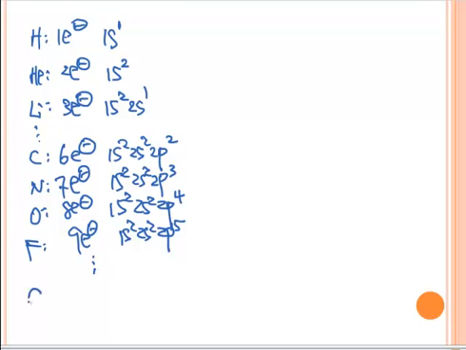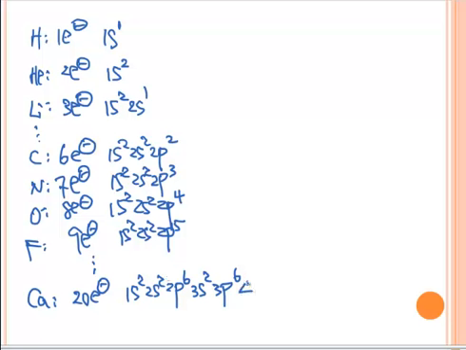Now we can put it in calcium. Calcium, according to the periodic table, has 20 protons. A calcium atom should have 20 electrons. Then you have 1s2, 2s2, 2p6. Now move on to 3s2, 3p6, and count them: 2, 4, 10, 12, 18.